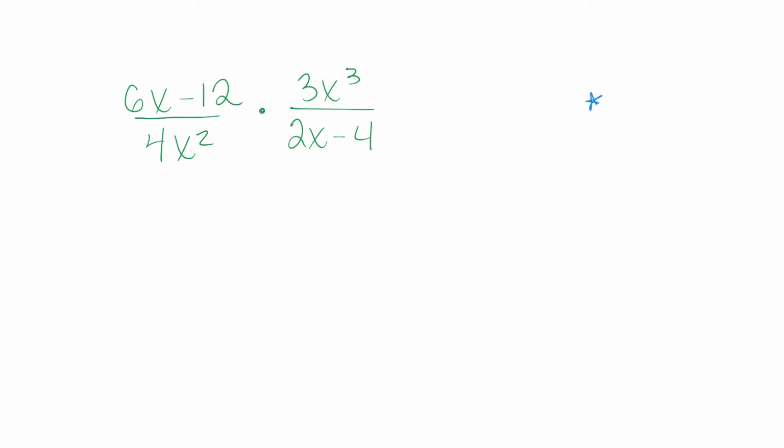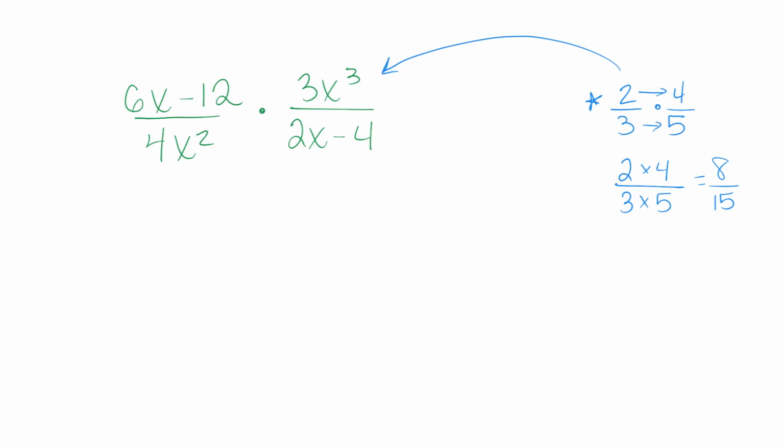We know that if we're multiplying 2/3 times 4/5, you multiply the top by the top and the bottom by the bottom. So this is the same, really, as 2 times 4 over 3 times 5, which is 8 over 15. So we're going to apply that principle to rational expressions. Top times top, bottom times the bottom.